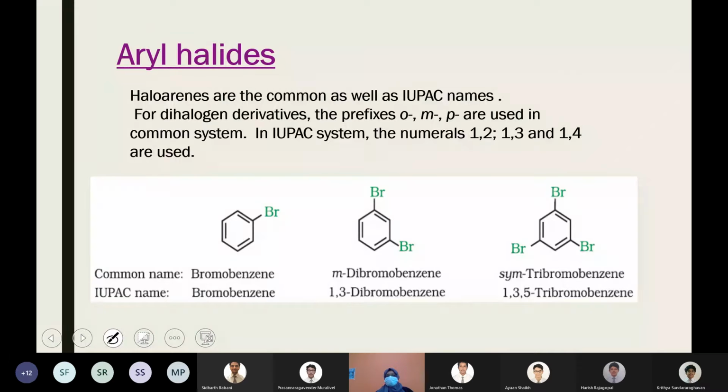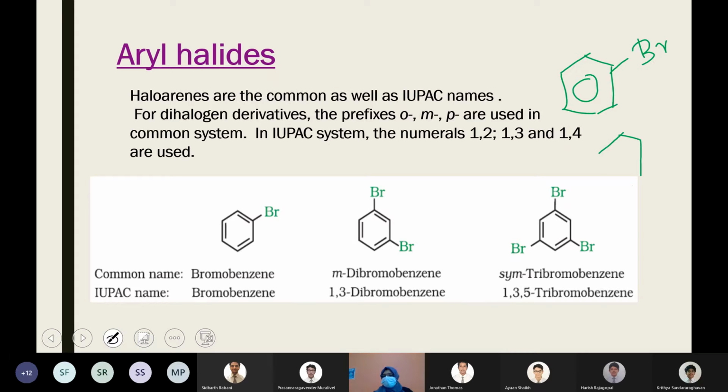So there is not much to discuss in aryl halides. If you have only one halogen, bromine or chlorine or whatever, then you don't have to specify the number or the position. It will be simply bromobenzene, whether in the common name system or in the IUPAC name system. Bromobenzene is a benzene ring with bromine attached to any carbon, because all the carbons are equivalent.